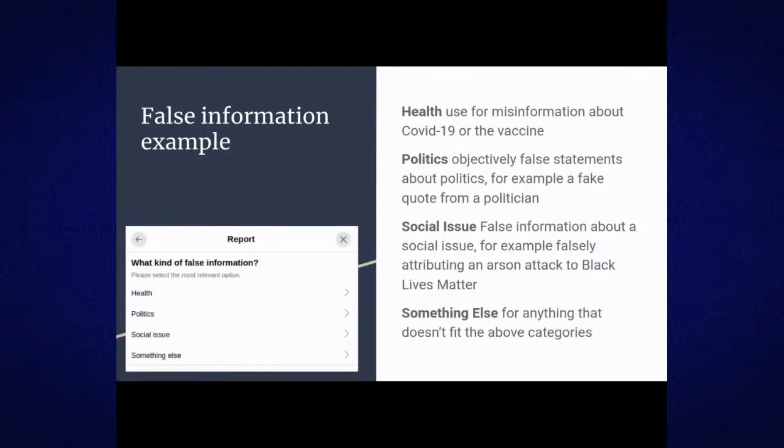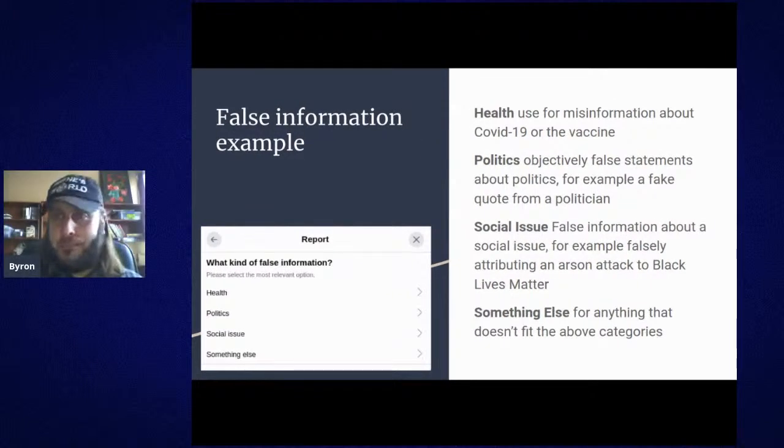It's not for reporting a political statement that you disagree with, but for one that is objectively false. And then social issue is for those more meta-political things like false information about, for example, attributing an arson attack to Black Lives Matter or something like that. Again, when it's objectively false, not just someone expressing an opinion.